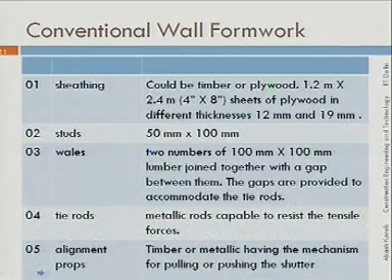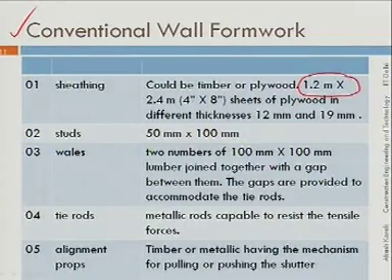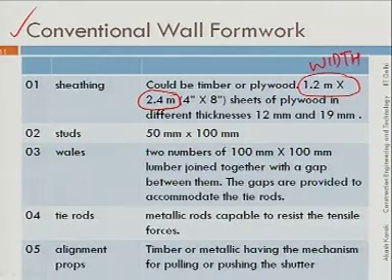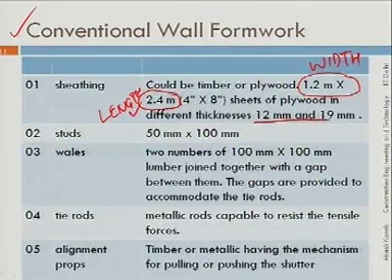Coming to the conventional wall formwork, sheathing is usually made up of plywood. 1.2 meter is the commonly used width, and 2.4 meter is the length. The thicknesses vary between 12 mm to 19 mm.